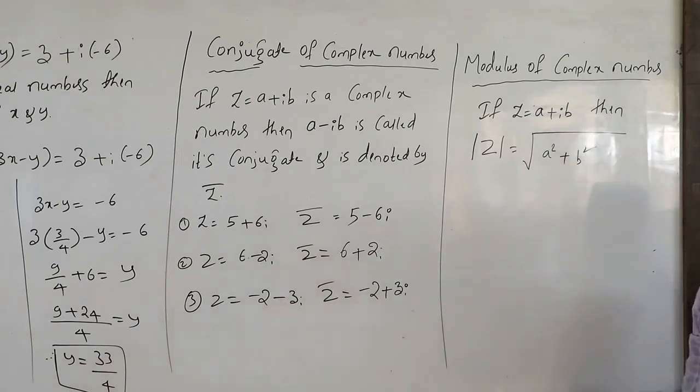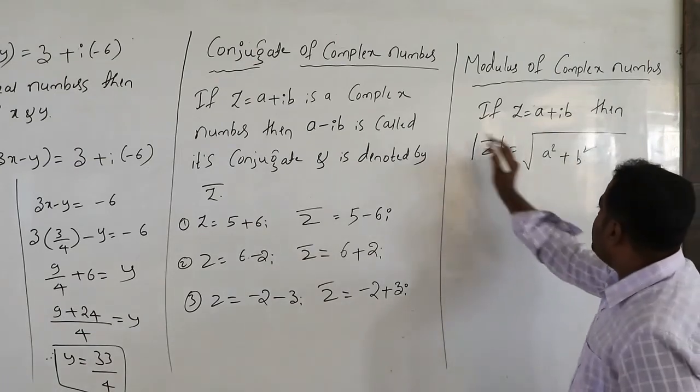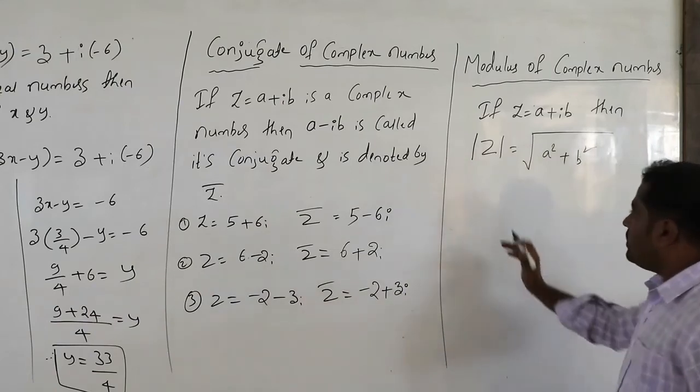So modulus of z equal to square root of a square plus b square.